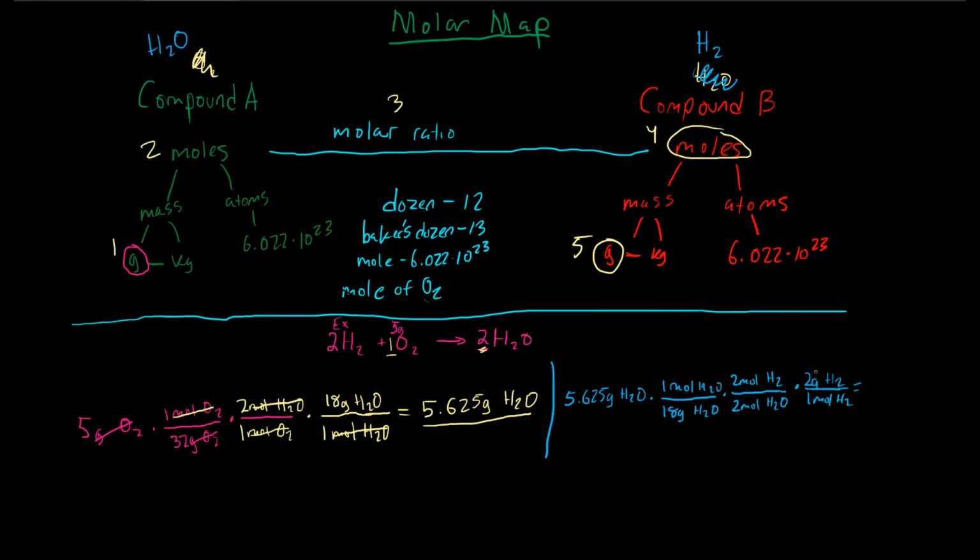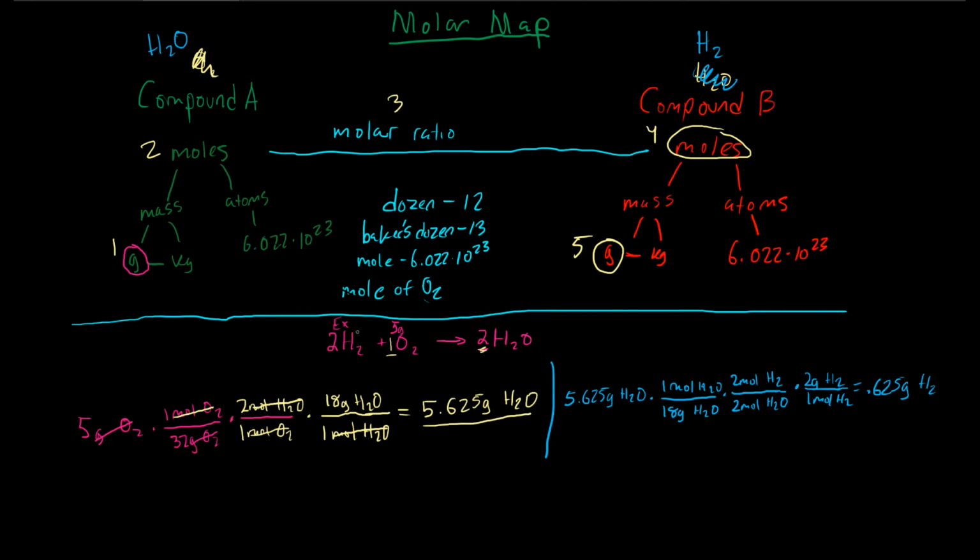You evaluate this out, 5.625 times 2 times 2 divided by 18 times 2, and you get 0.625 grams of H2 put into the reaction.